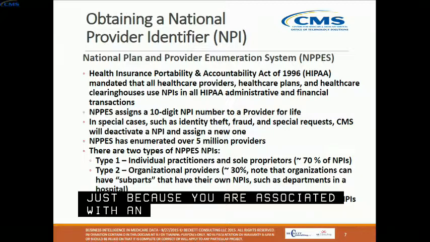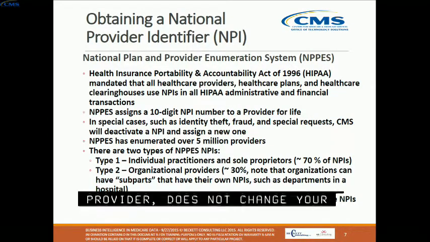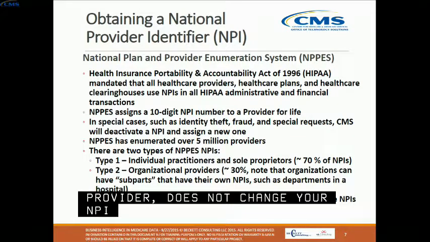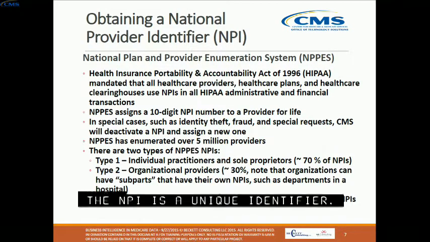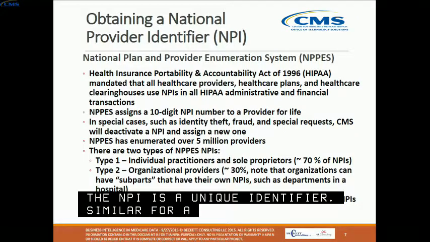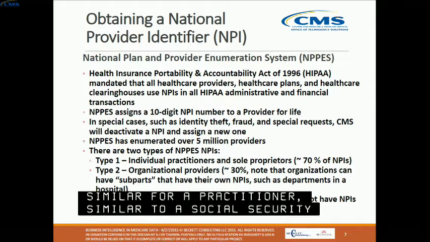The NPI is a unique identifier for an individual practitioner, similar to a Social Security number. It is a unique identifier for that individual. The NPI is also a unique identifier for a subpart of an organization.